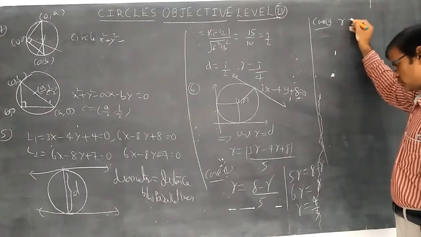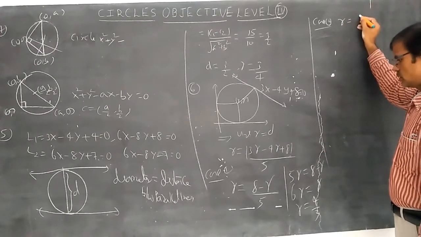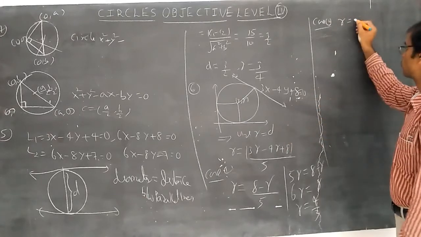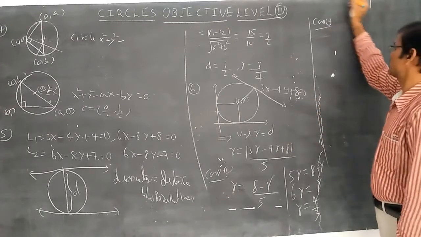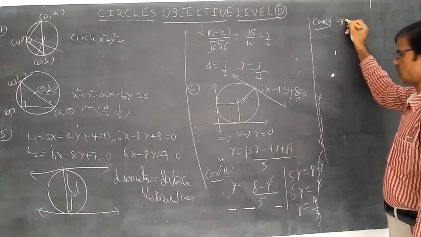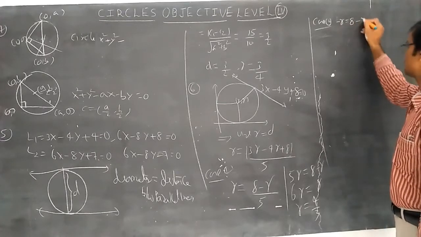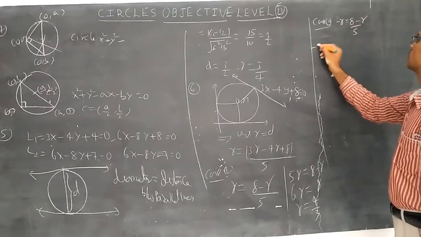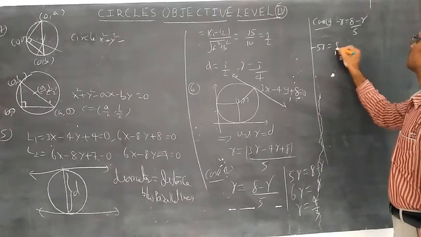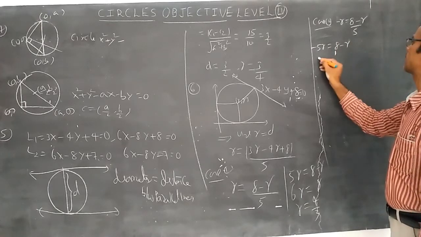So r is equal to minus 3r plus 4r. Better to write here minus r is equal to 8 minus r by 5. So minus 5r is equal to 8 minus r.